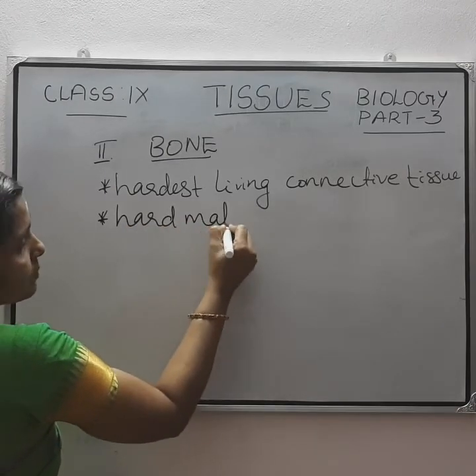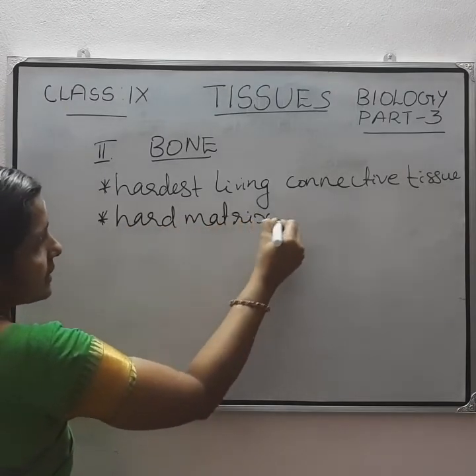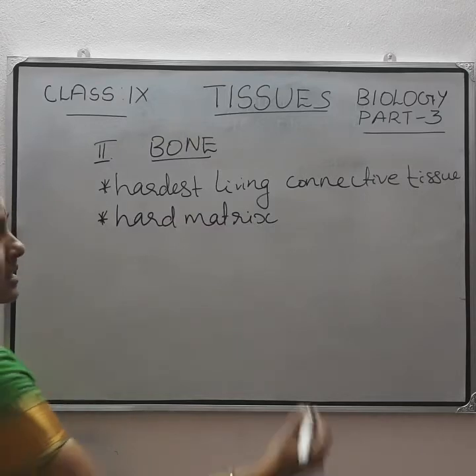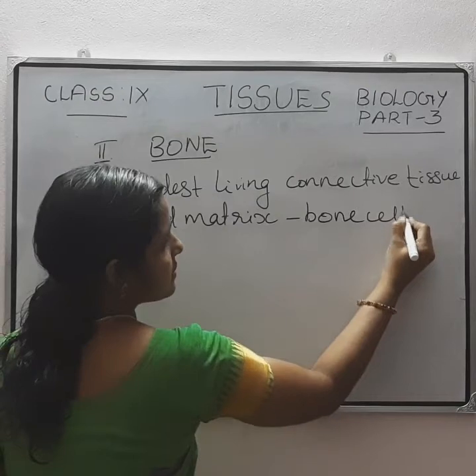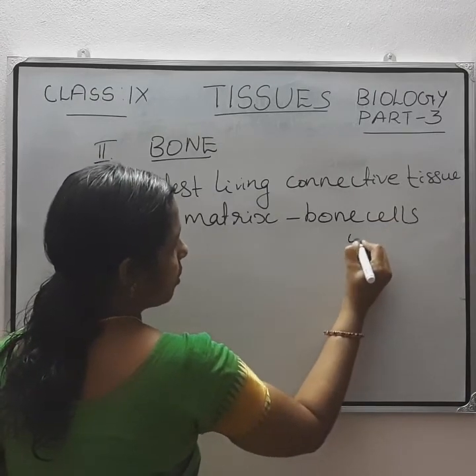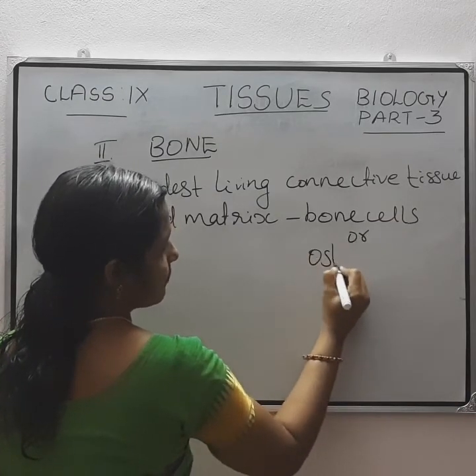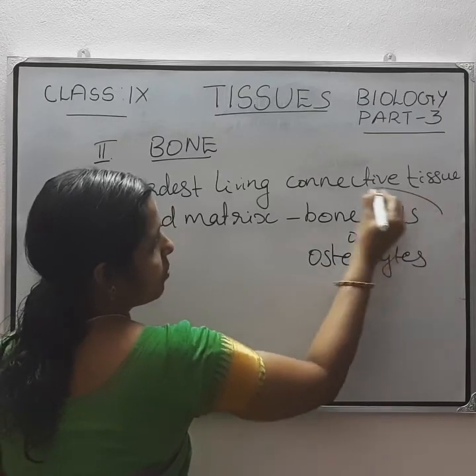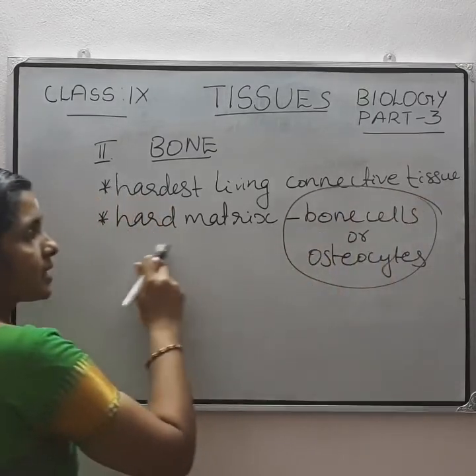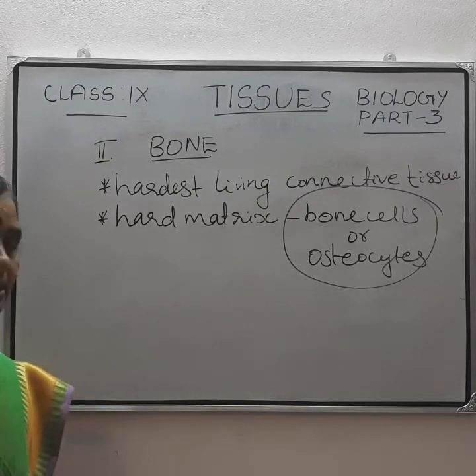This hard matrix consists of bone cells. Bone cells are also called osteocytes. Bone cells or osteocytes are present in this hard matrix.